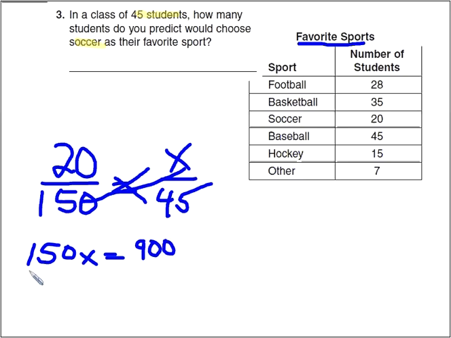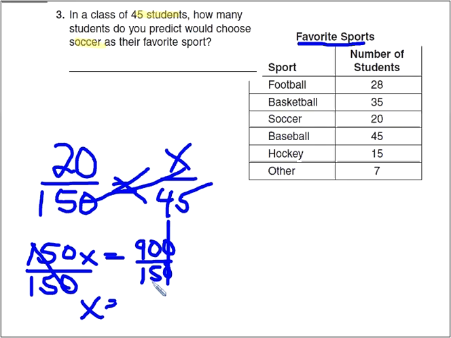And I can divide each side by 150 to isolate the x. 150 divided by 150 is 1, or you could say it cancels out. So I have one instance of x. 1x equals 900. What I do to the left side, I've got to do to the right, divided by 150. Or I could think of it as, we have zeros on the end, so I could take both those zeros off. 90 divided by 15.